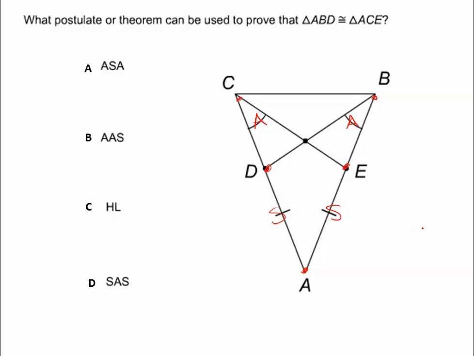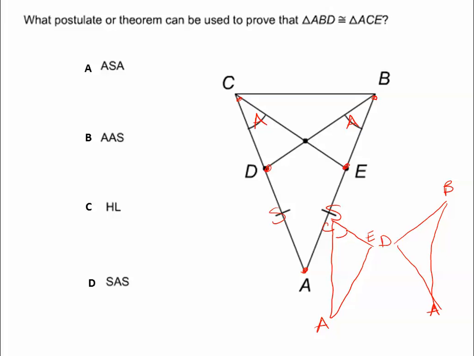Let's separate these guys. Oh my goodness, bad triangle. But you're going to get the idea. And this is D, this is B. Okay, this is point E right here. This is C and this is A.